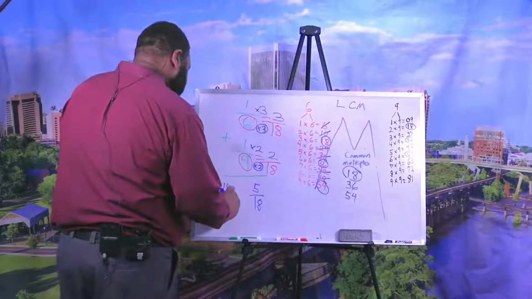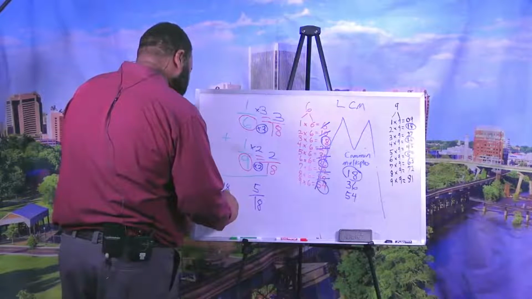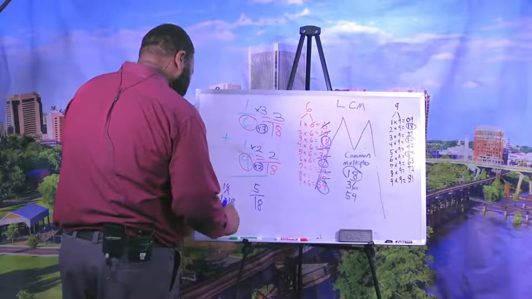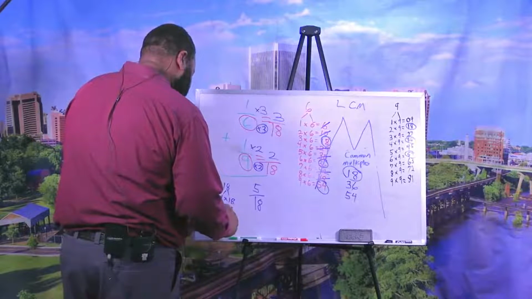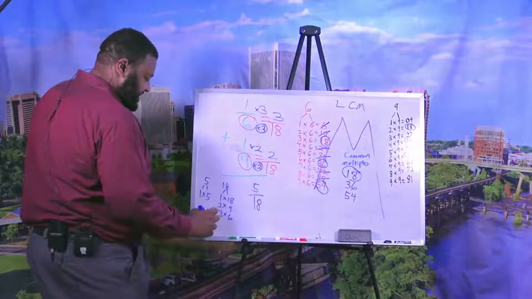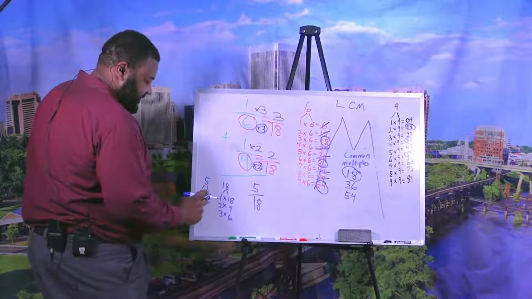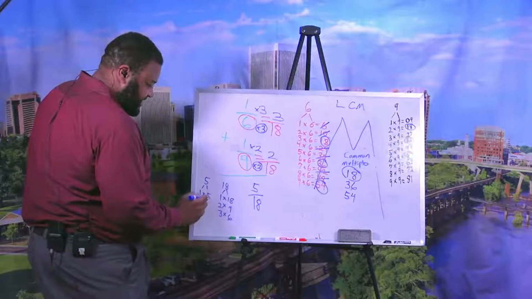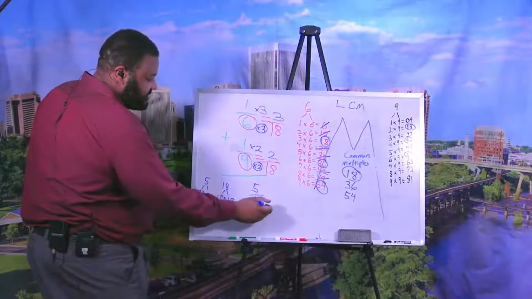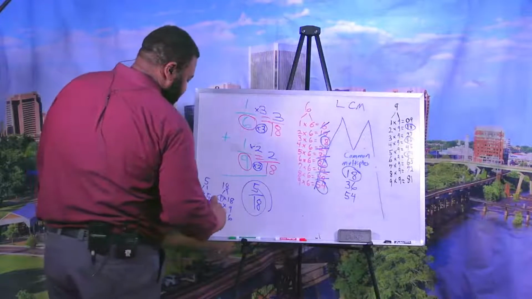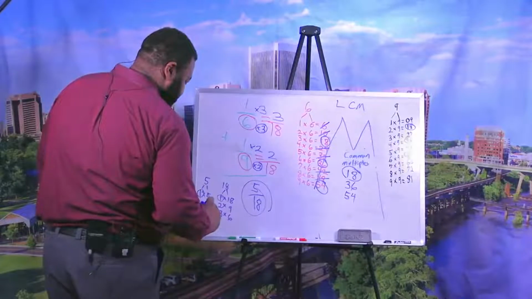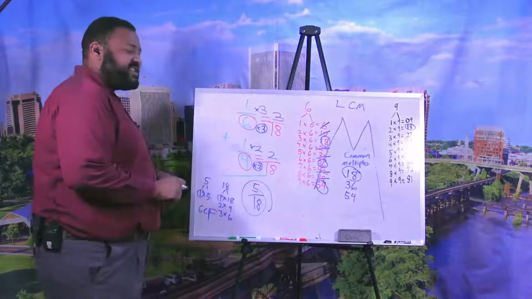What gives me 18? 1 times 18. 2 times 9. 3 times 6. No 4s, no 5s, and then we got 6. 1 and a 5. Nope, no 5s. All we got is 1, so this is going to stay the same. Because what I'm doing here, I'm doing my GCF. And that's how you put it all together.